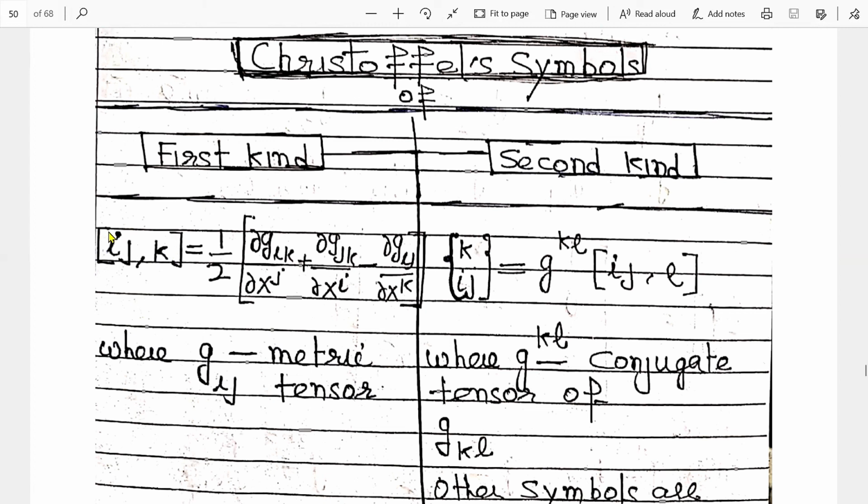Now this can be written in this form [ij, k], which is equal to 1 by 2 times ∂g_ik/∂x^j plus ∂g_jk/∂x^i minus ∂g_ij/∂x^k, where g_ij is the metric tensor.